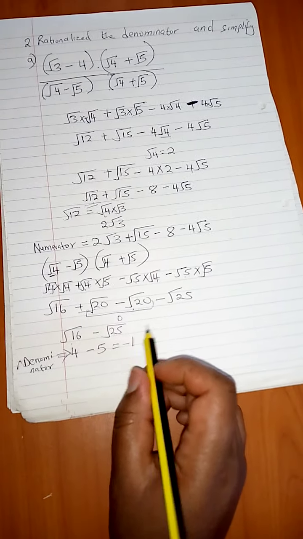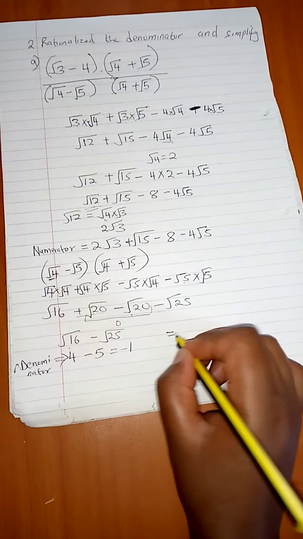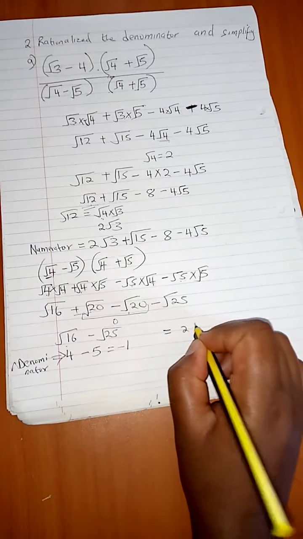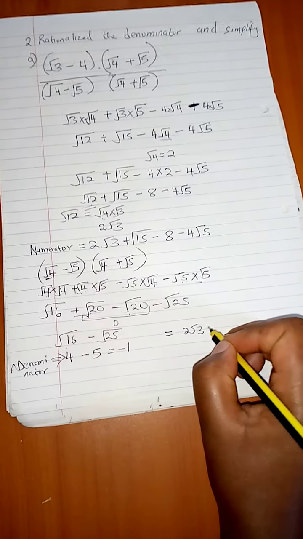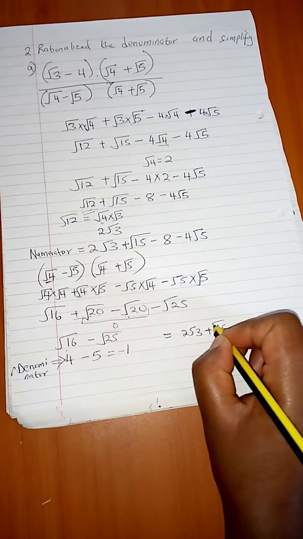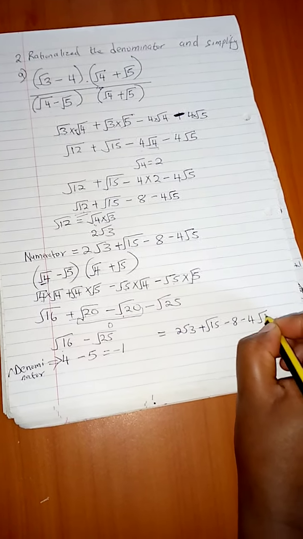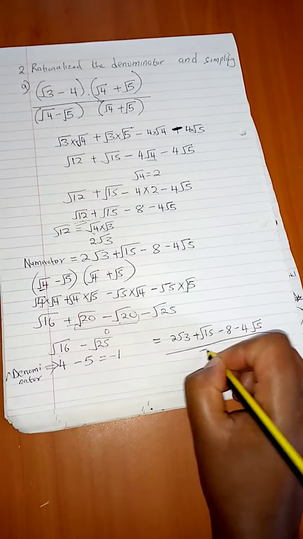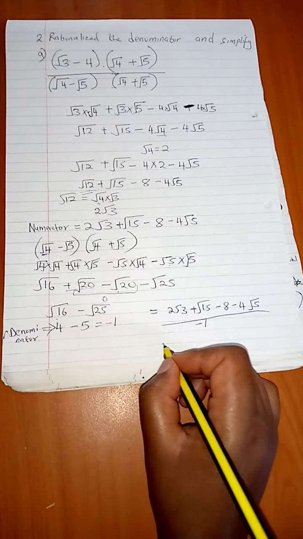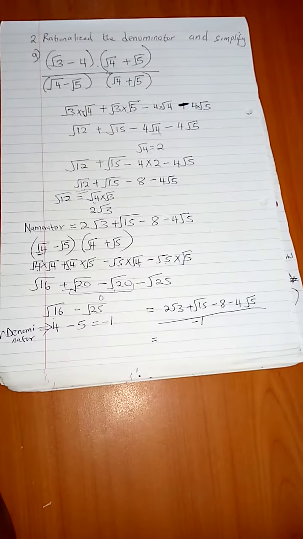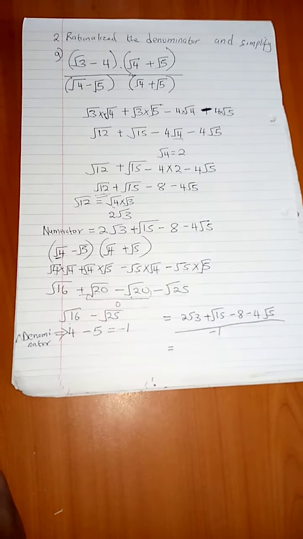So let's write our final answer. It will be 2 root 3 plus root 15 minus 8 minus 4 root 5, divided by negative 1. When we say divide by negative 1, it's the same as writing it as a whole number without a fraction.